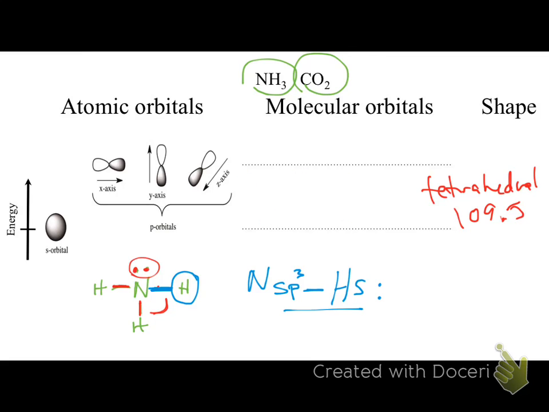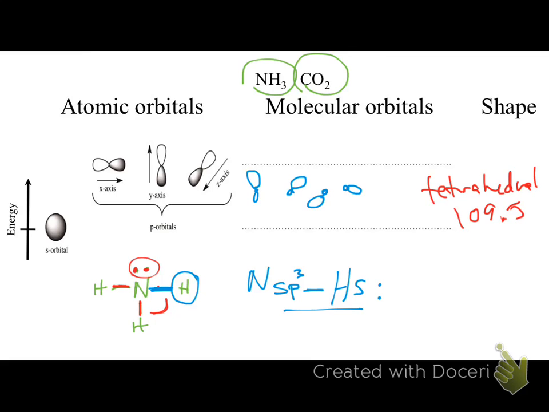If I'm going to draw the sp3 orbitals for our nitrogen, we've got 1, 2, 3, and then this one. That was terribly drawn, but you get the idea. Okay. There are my 4 hybrid orbitals.